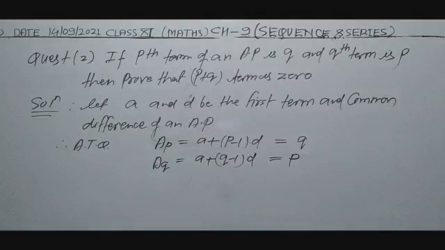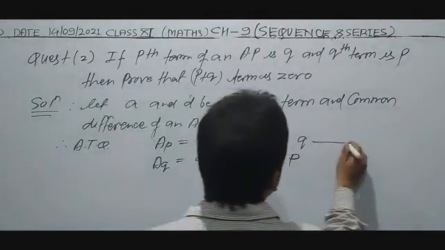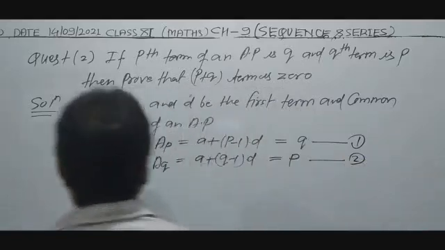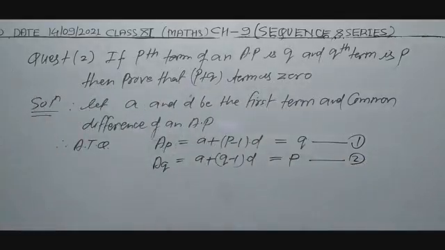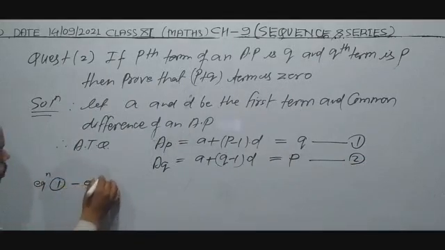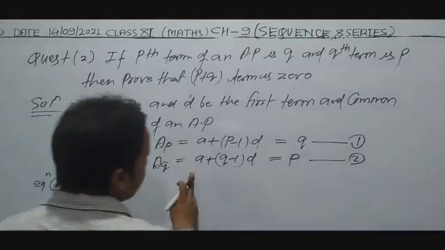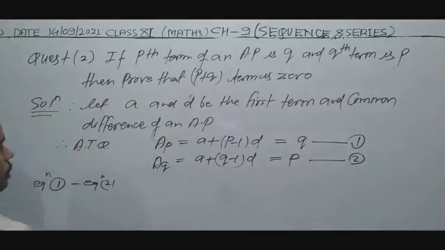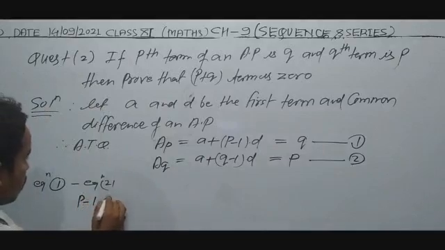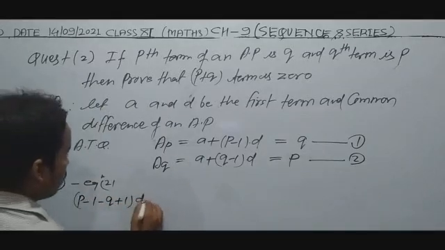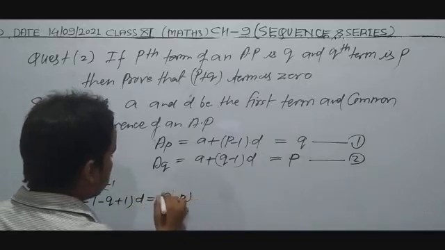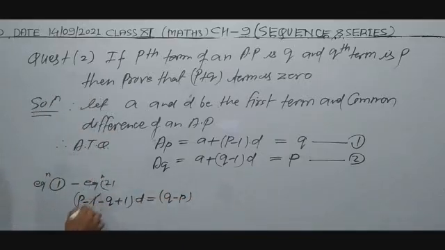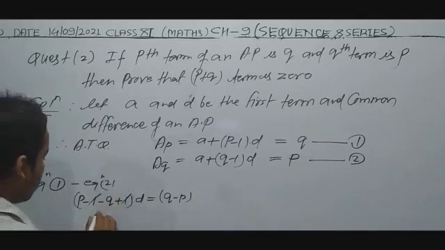Now we have to solve these equations. Consider equation 1 and equation 2. When you solve equation 1 minus equation 2, A minus A will cancel out, and the D term will be P minus 1 minus Q plus 1 into D is equal to Q minus P. So plus 1 minus 1 is cancelled out and P minus Q is here.